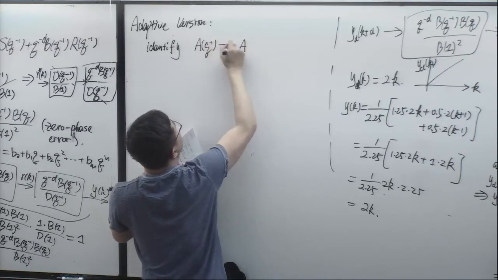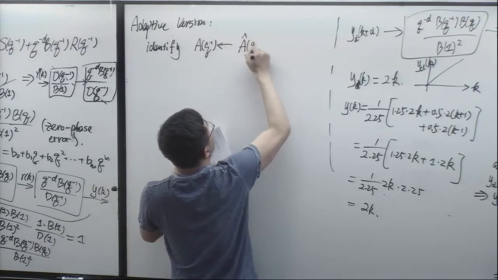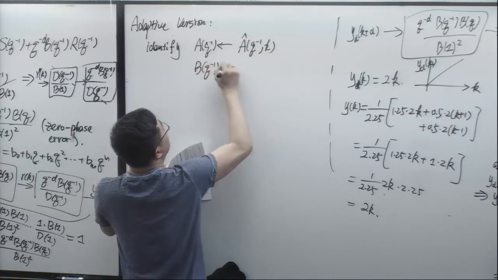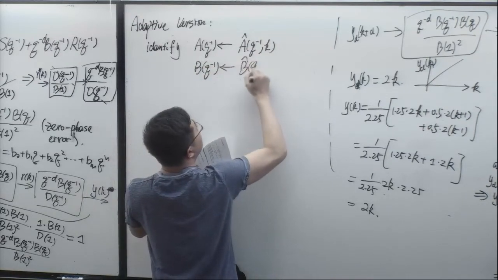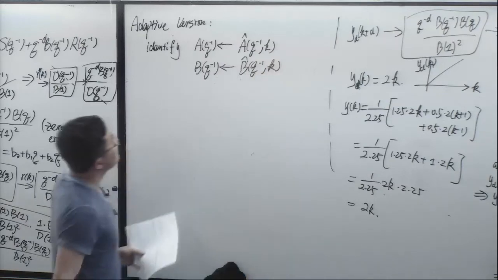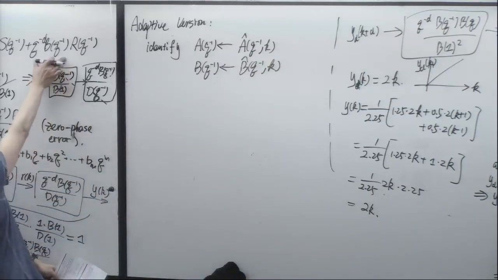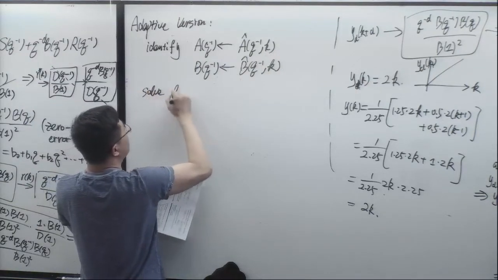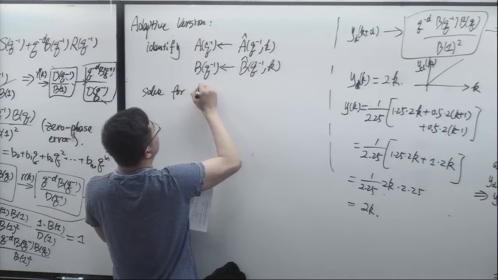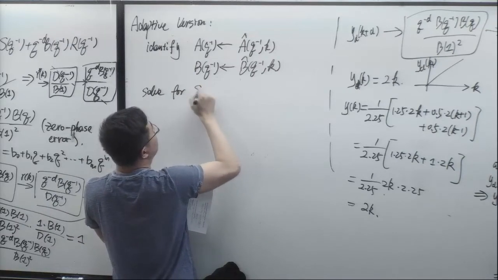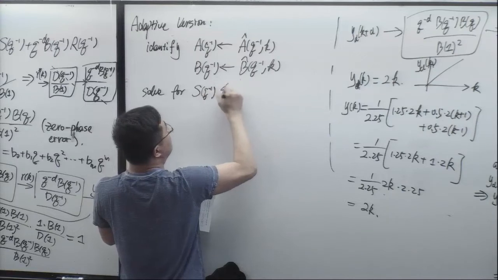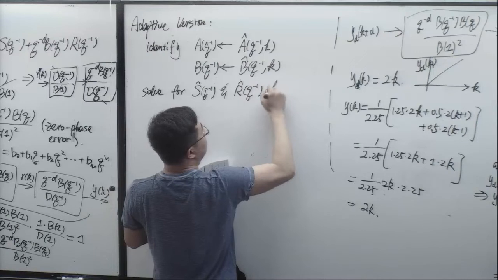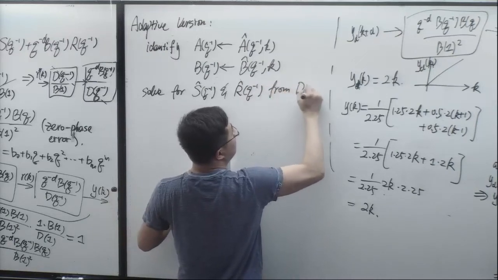Do this direction. So identify A with some adaptive portion, and then B with some adaptation algorithms. And then at each step, after you identify this, solve for S and R from the Diophantine equation.